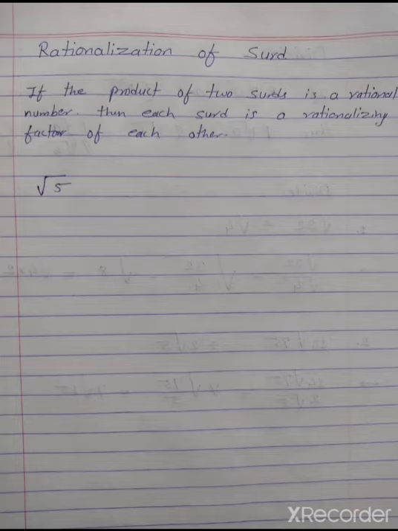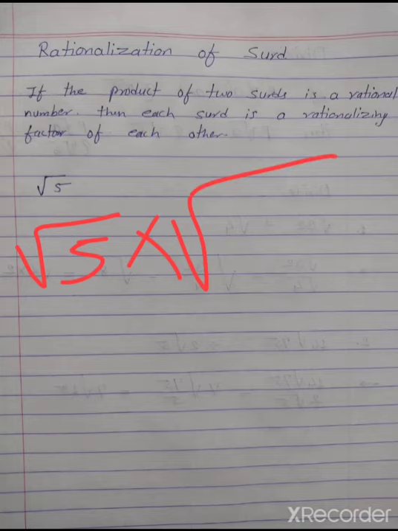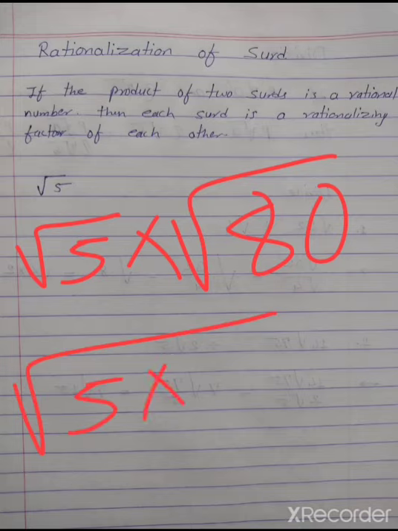Similarly, you can use, suppose, root 80. You can multiply these two numbers, root 5 into root 80.